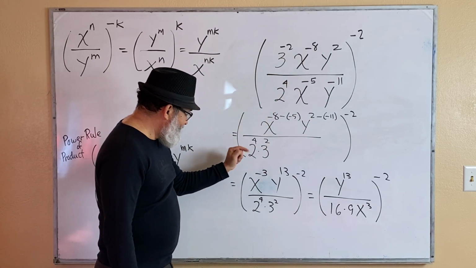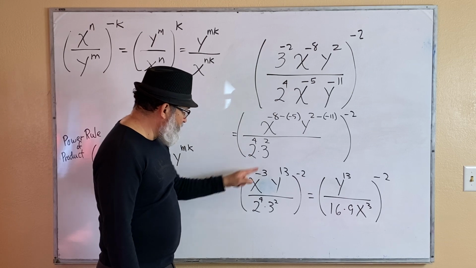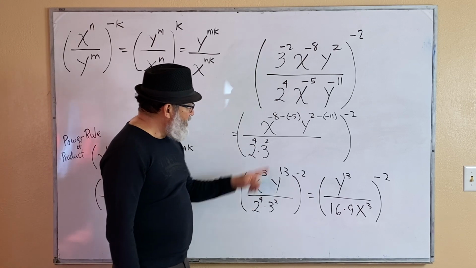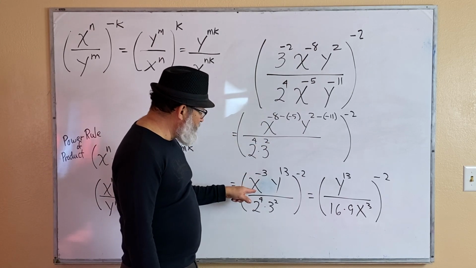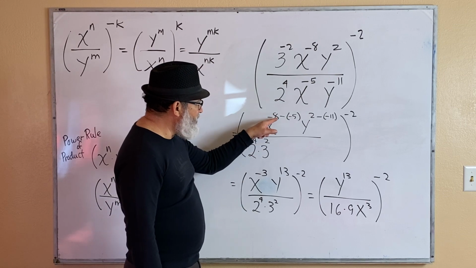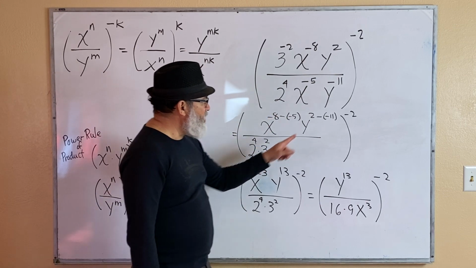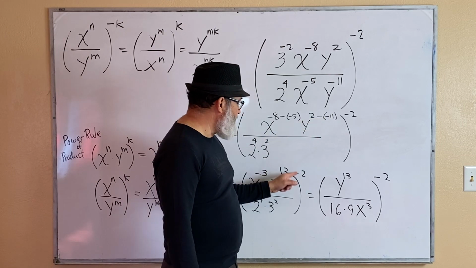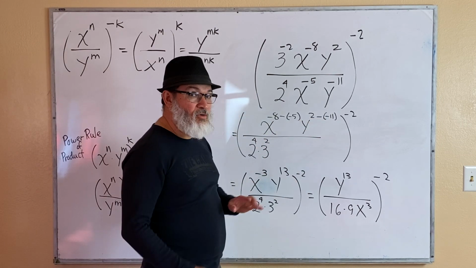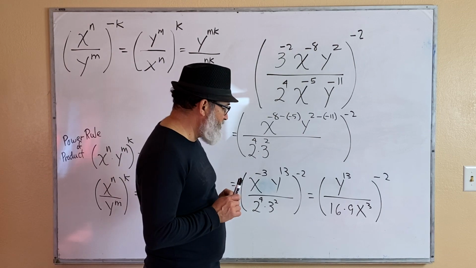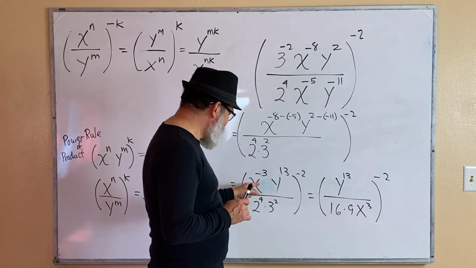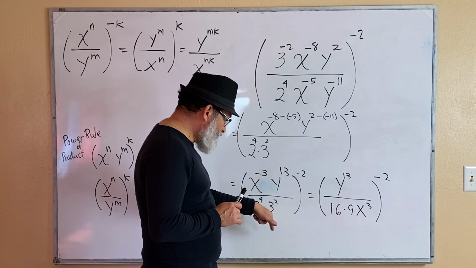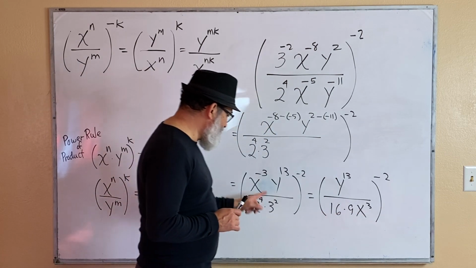Okay, this is 2 to the 4th, 3 squared right there. And this numerator became negative 8 plus 5, which is negative 3. And this is 2 minus 11. That's 13. Note, I'm trying to simplify the house. Okay, this came down because it had negative power.